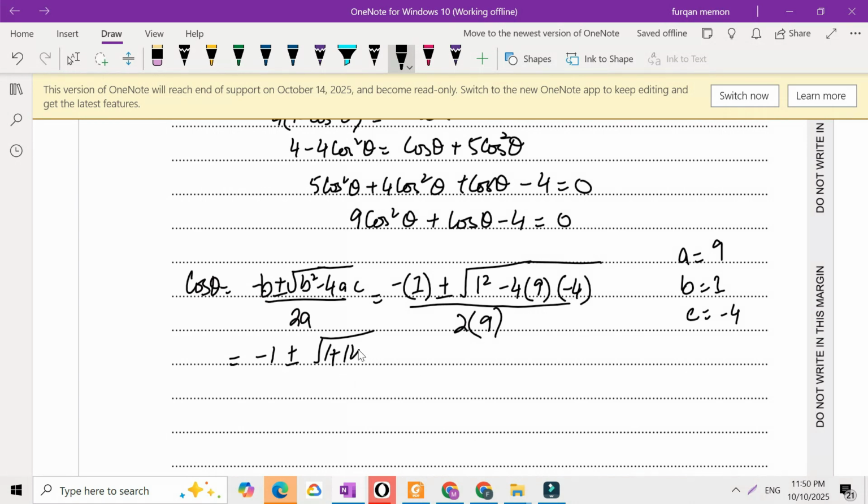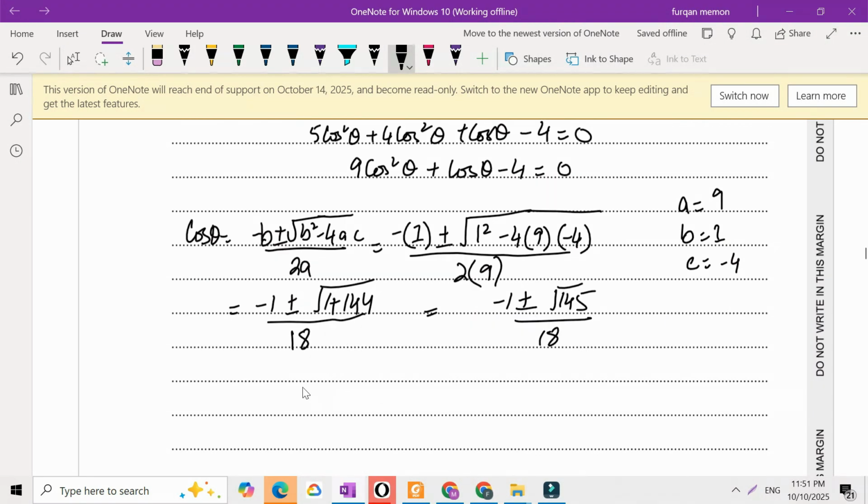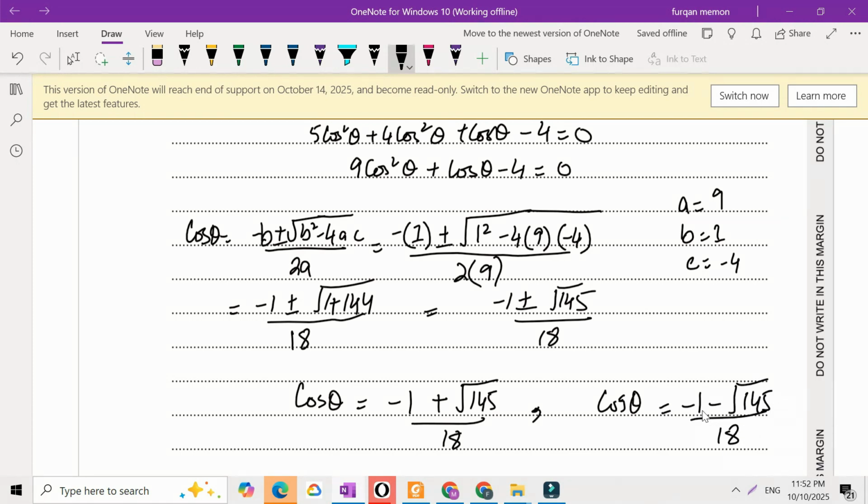So 1 plus 144 over 18, and this is equal to negative 1 plus minus the square root of 145 over 18. When we solve it further, cos theta equals negative 1 plus root 145 over 18, and the second one is cos theta equals negative 1 minus root 145 over 18.